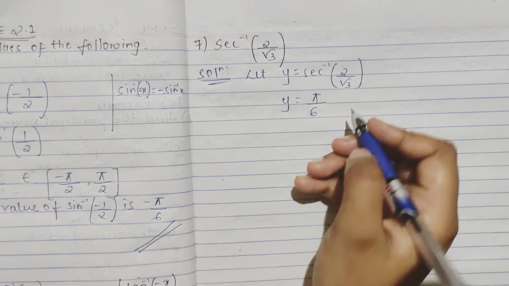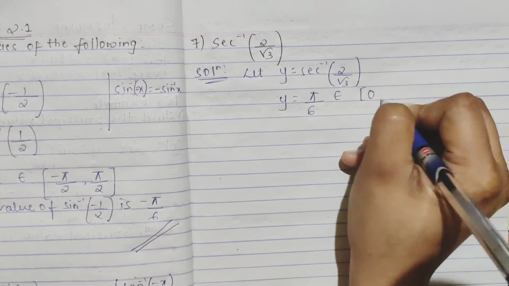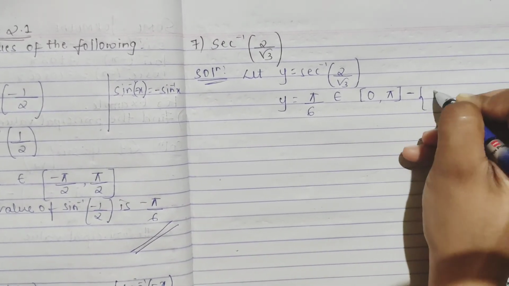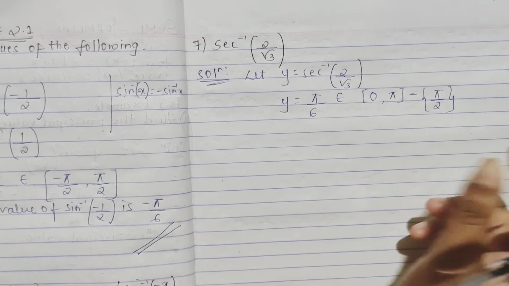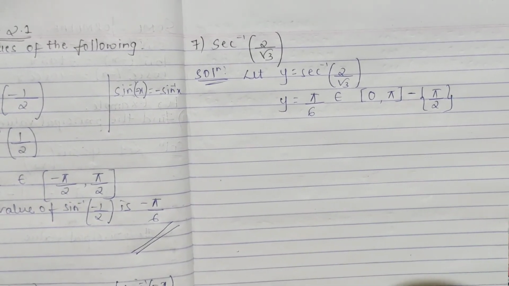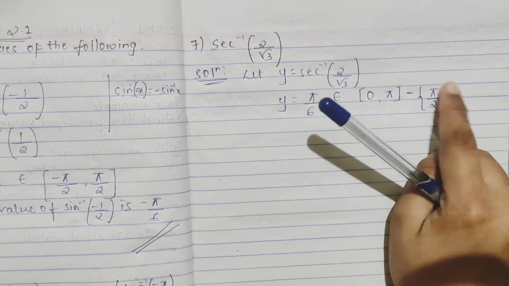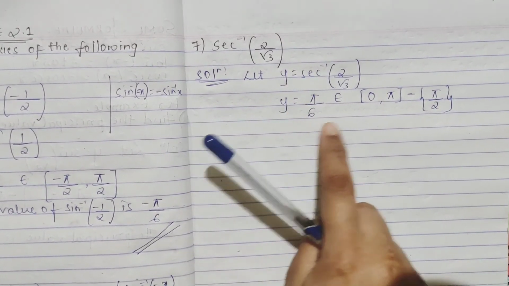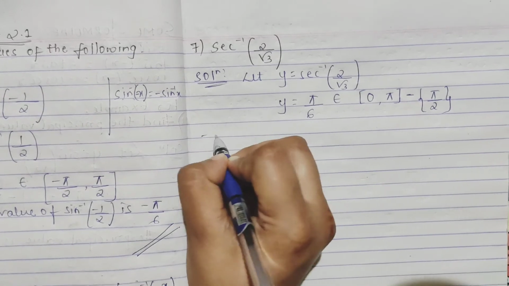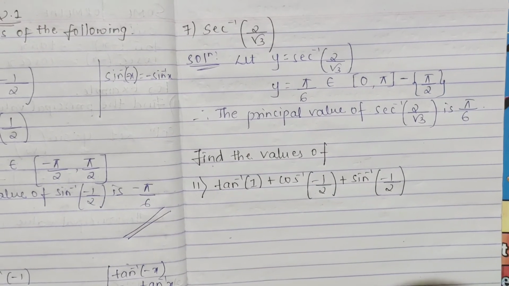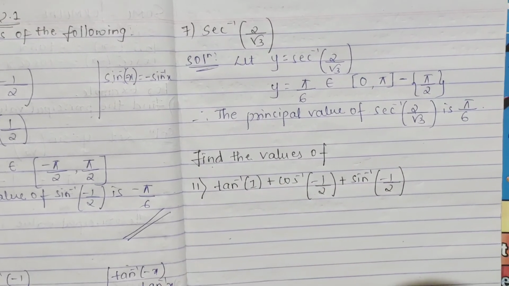And yes, pi by 6 belongs to the range, that is 0 to pi, but here they have not allowed pi by 2. So this whole range you have to write, sec inverse range, 0 to pi except at 90 degree. Pi by 6 means 30 degree, right. So 30 degree is lying within it. So the principal value of sec inverse 2 by root 3 is pi by 6.